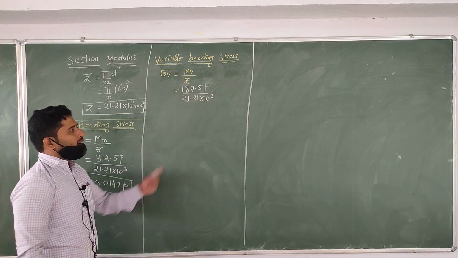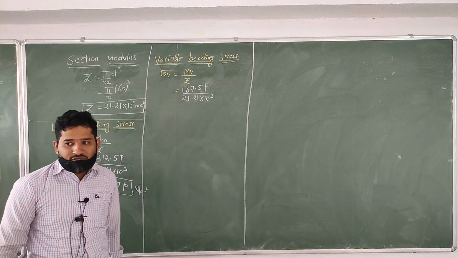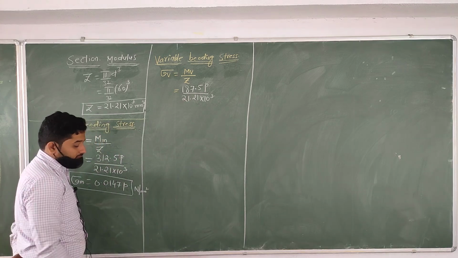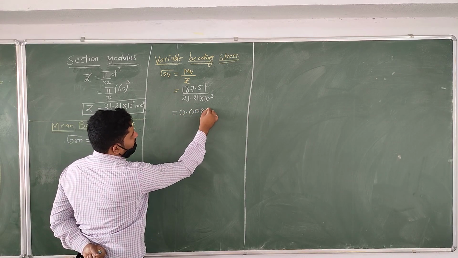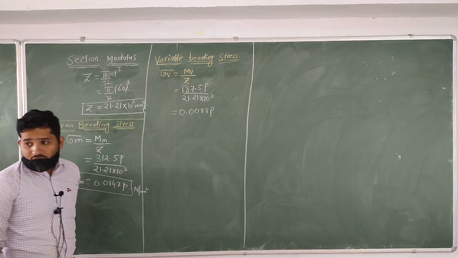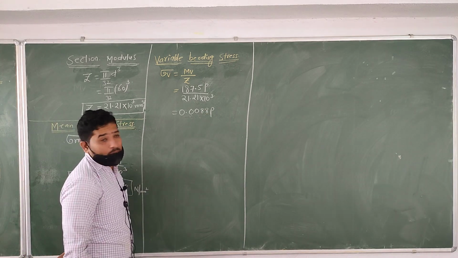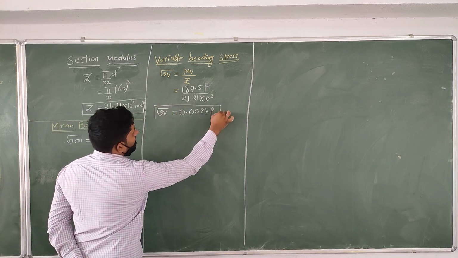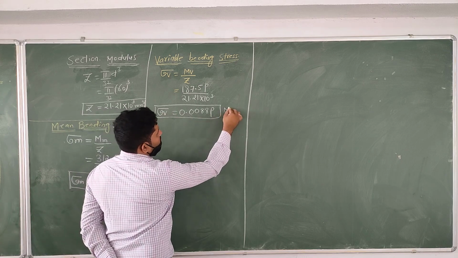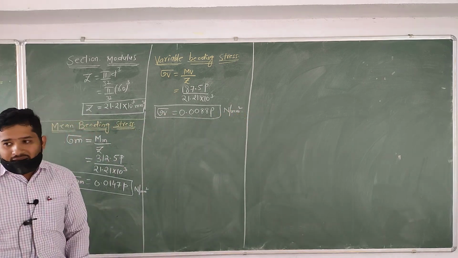If you divide 187.5 by 21.21 into 10 power of 3, then you will get the answer 0.0088 P. That is the value of the variable bending stress. Then what will be the unit? The unit should be Newton per millimeter square. That is the unit of variable bending stress.